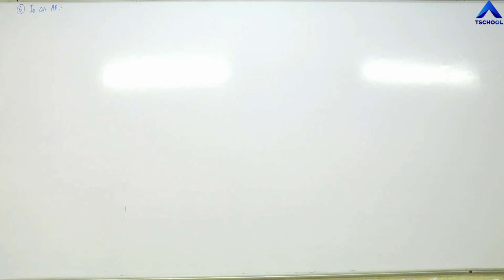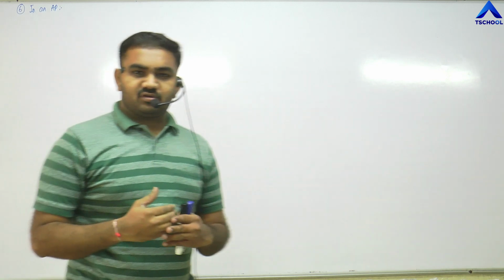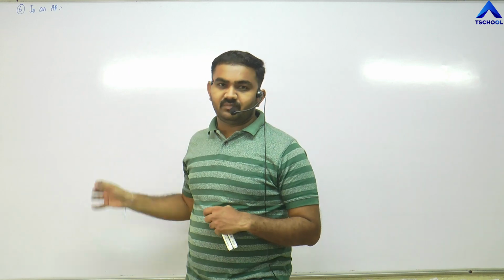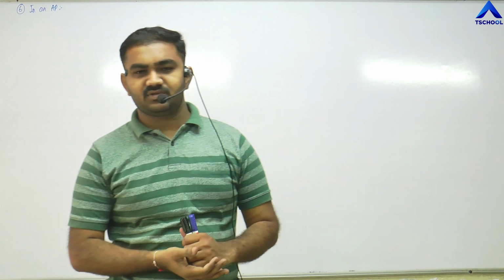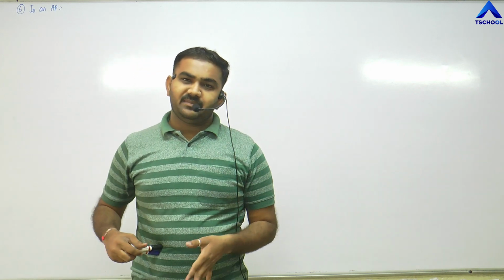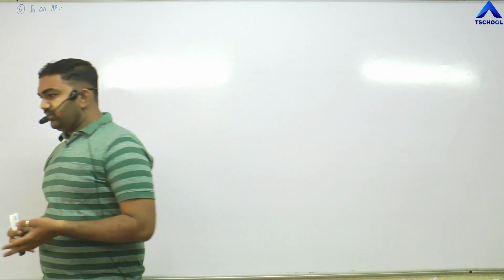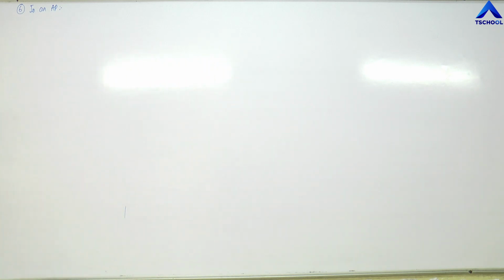I have solved 4 or 5 sums related to this topic. There are some more 5 or 6 sums. Try to solve them by yourself and tally the answers with the textbook. If you get the answer, that means you have practiced it perfectly. Okay. Now let me solve the 4th one.